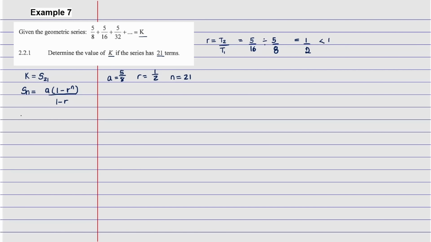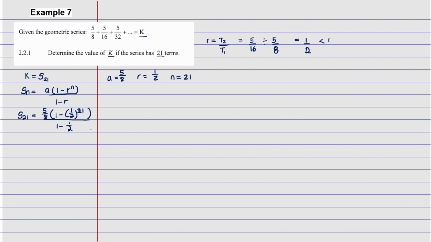So let's substitute that. S21 is equal to 5 over 8, open bracket, 1 minus 1 over 2 to the power 21, and this whole thing is divided by 1 minus 1 over 2, right?